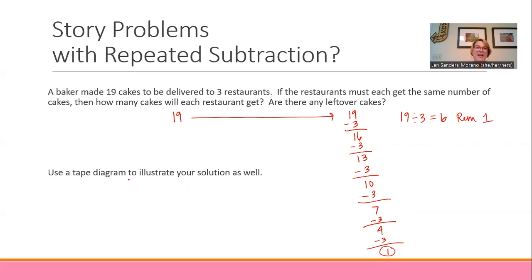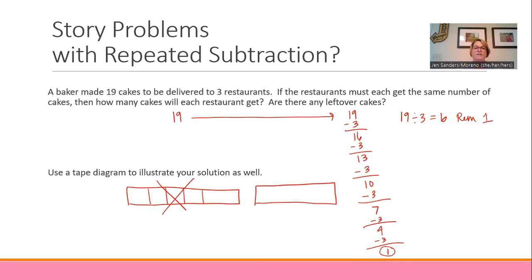Whew. Okay, can we use a tape diagram? Of course you can. What's going to happen with that tape diagram, and I'm just going to do it quickly, is that we'd have students remember this idea. Oh, it's 19 divided by 3, and I was doing 6 here. Better. 3 restaurants?